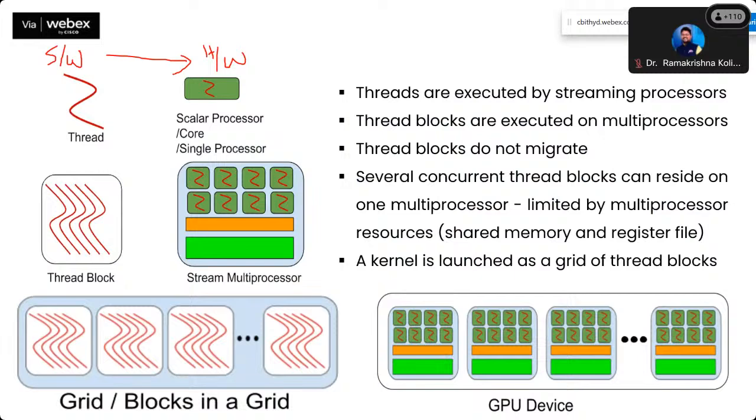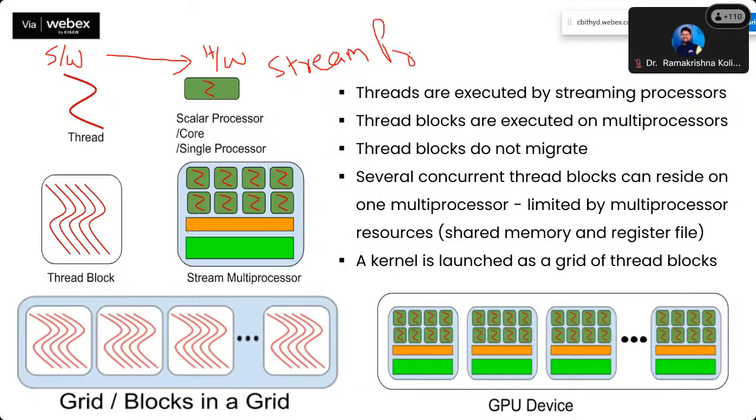Every core, people in many articles give different names to it. Some call it CUDA core, scalar core, scalar processor, streaming processor, but I will use the word streaming processor.